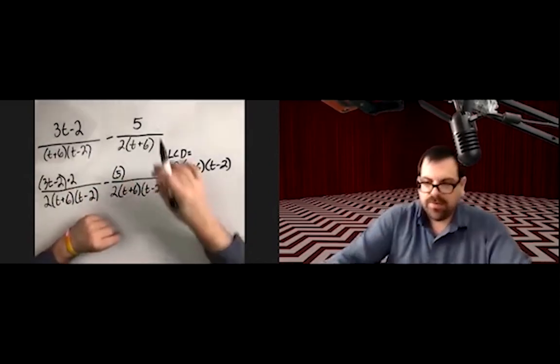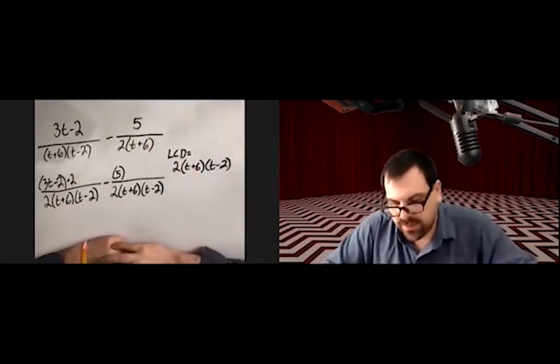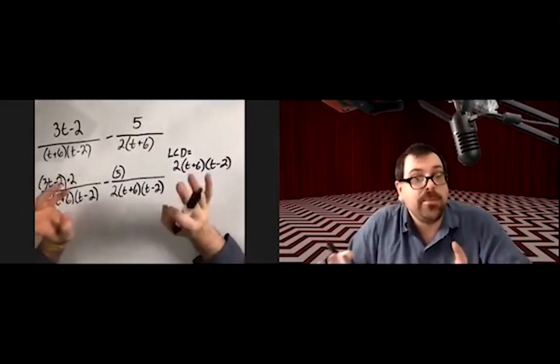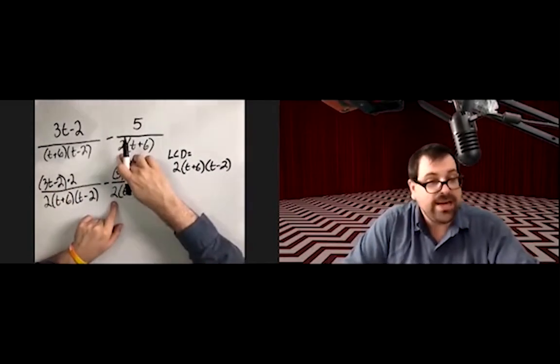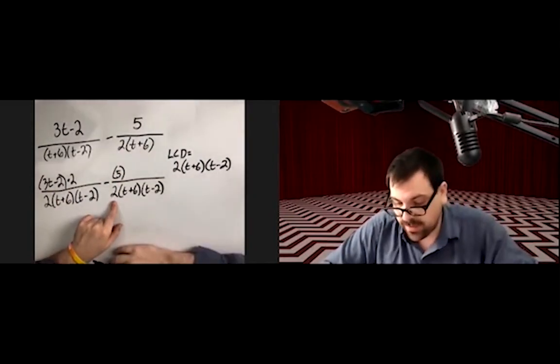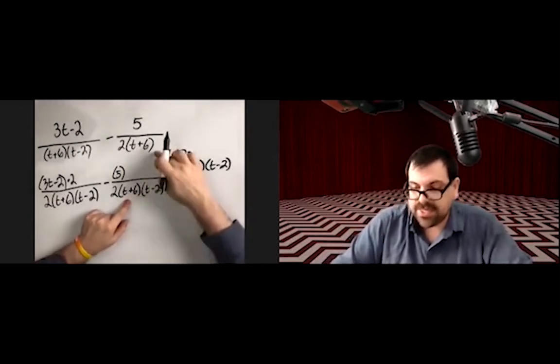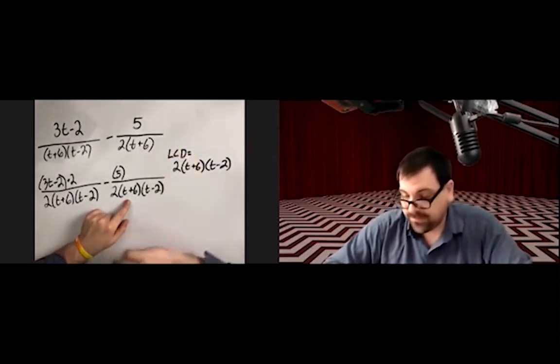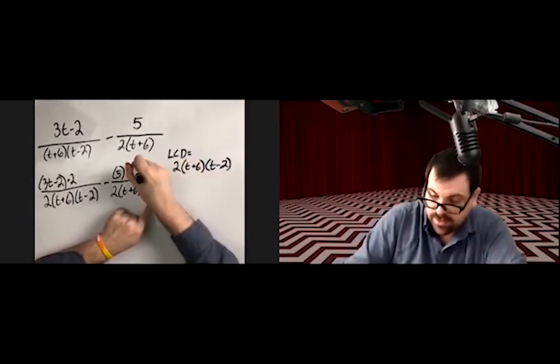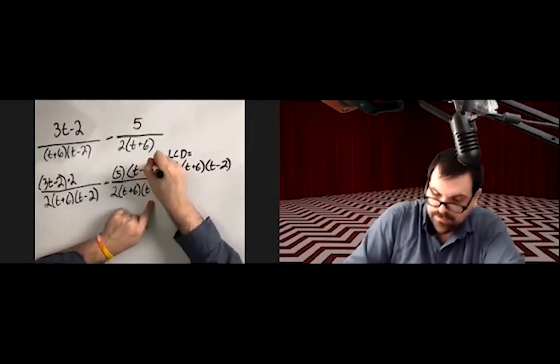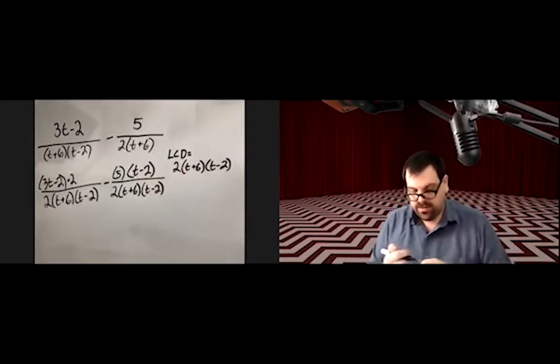Moving over here, the 5 that was originally up there, times our missing factors. We already had a 2, so we don't need a new one. T plus 6, we already had that. We don't need a new one. T minus 2, we did not have that, which means we put it in.